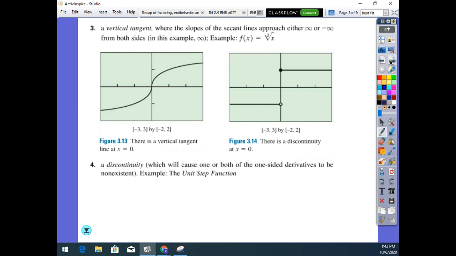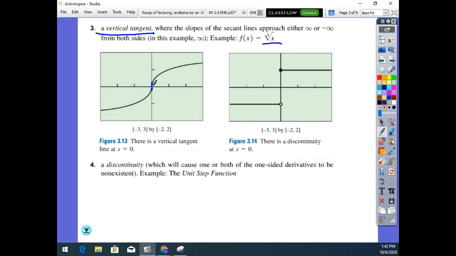Number 3, a vertical tangent. So think about the cube root of x. X to the third is straight up and down. Cube root is sideways. This is a vertical tangent.